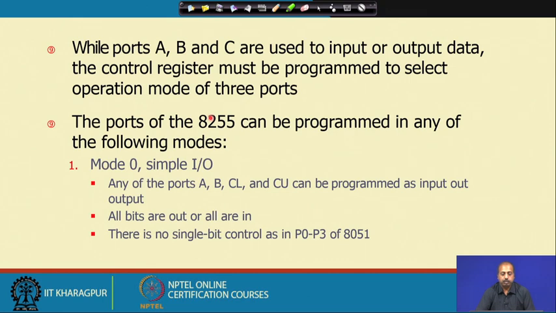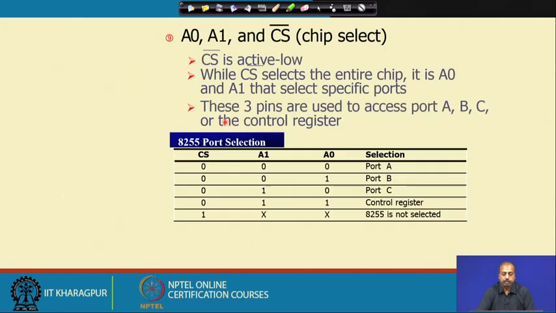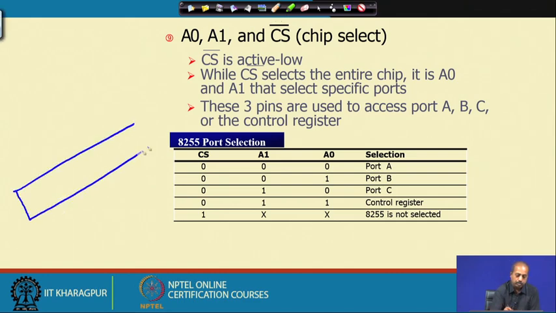I will take an example and try to explain what the port addresses may be. Say I have a 16-bit address, where these two bits are A0 and A1, the rest of the bits are there, and this is the bit A15.